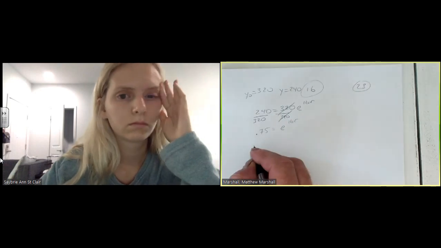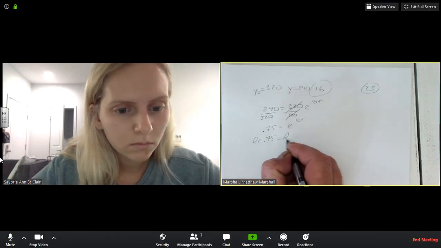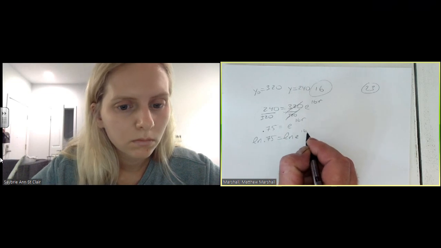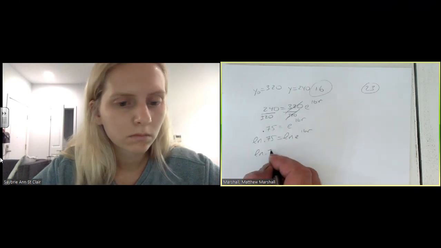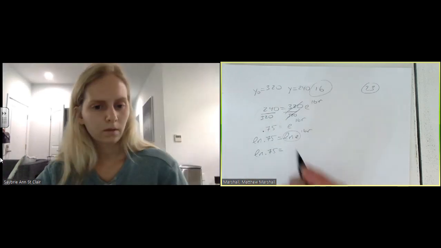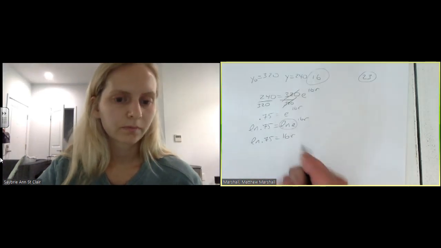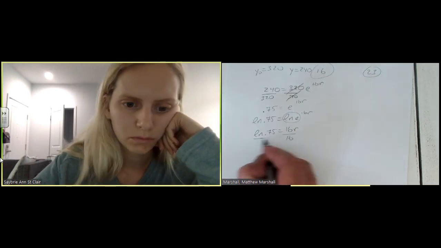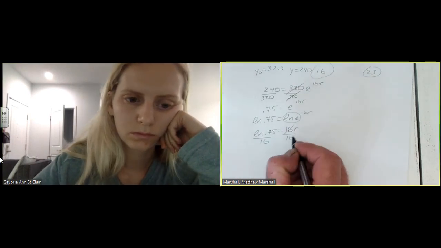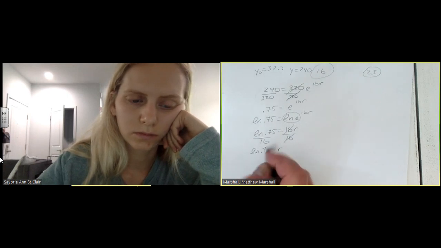Gonna natural log it. I'm gonna rewrite it because the natural log and that E, remember how those cancel always, and just give me the exponent part times the variable. Divide by 16, and that's where they get that weird number you've been typing in the parentheses there for the r number.